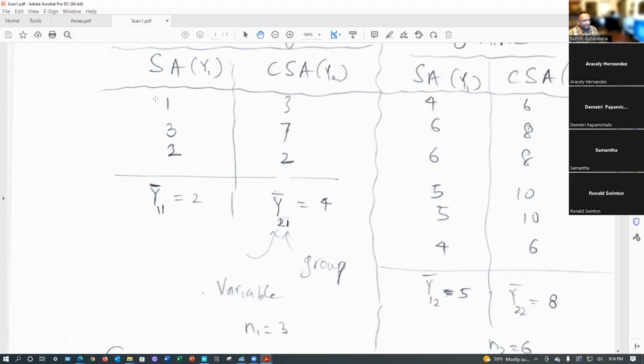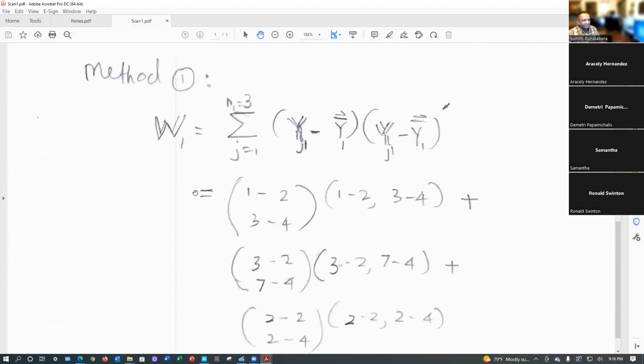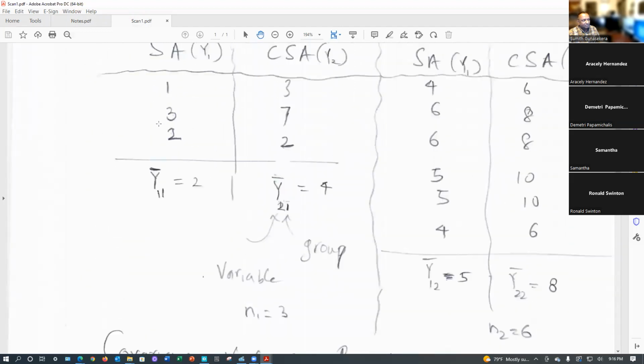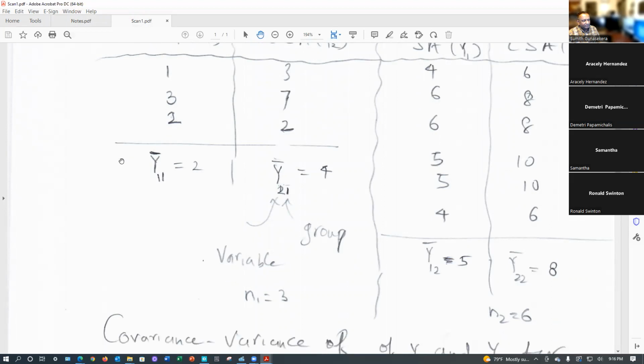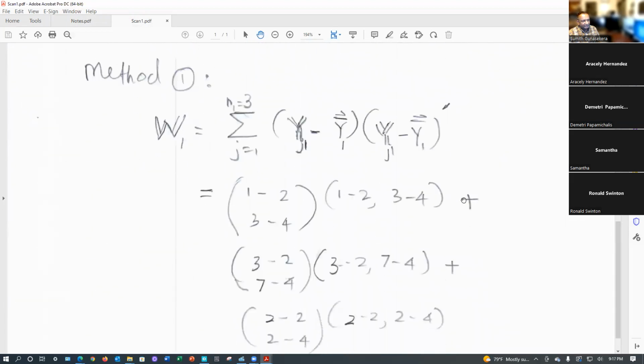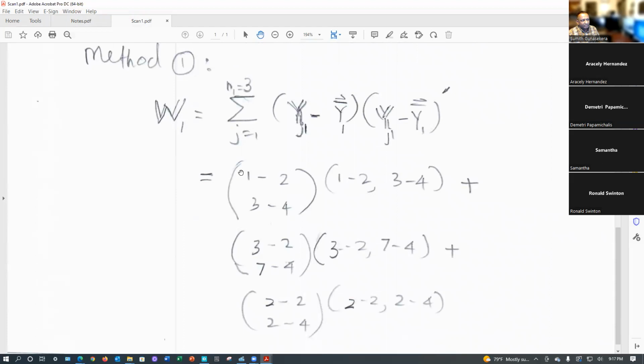This time I want to subtract both at the same time and keep that as a vector, a column vector. 1 minus 2, 3 minus 4 for the first individual, and do the same thing. Now this guy has a transpose, so I use the transpose of the same vector.